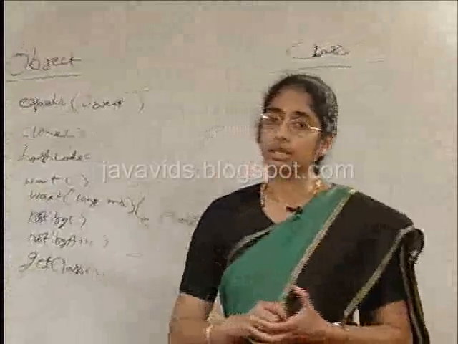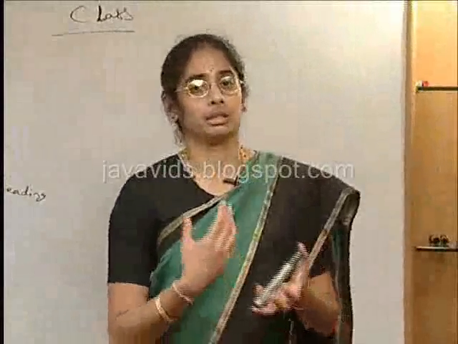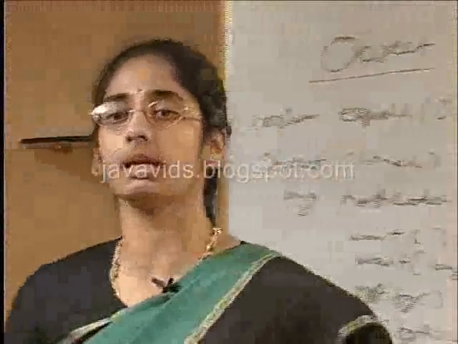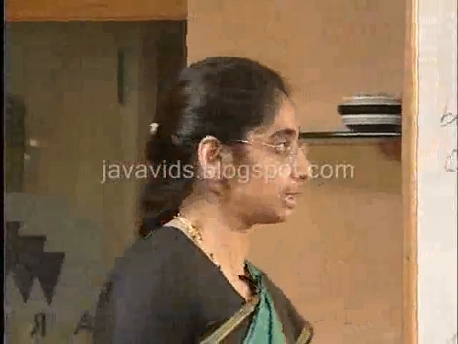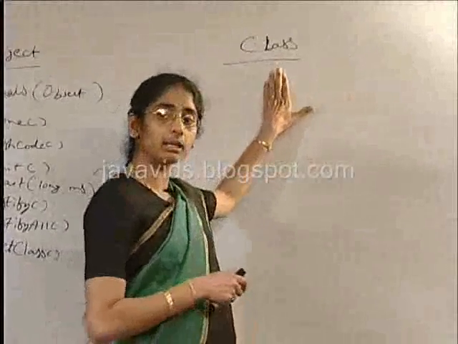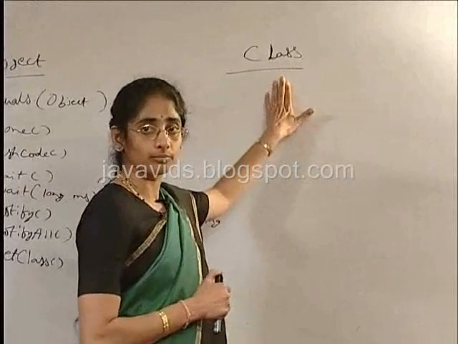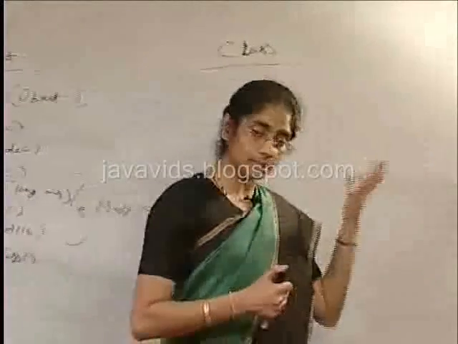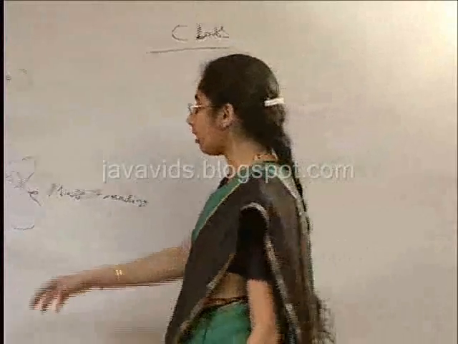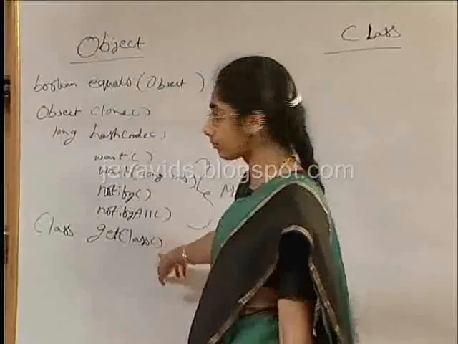For example, let's say I define class A and I would like to find out what the contents of class A are, like what are the variables, what are the methods, what is the name of the class, what is the scope of the class, what is the parent class for this class, etc. So I can find out by making a reflection on a class. I create an instance of class A. On that instance, I call the getClass method.